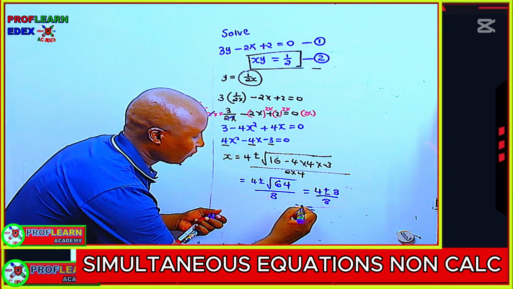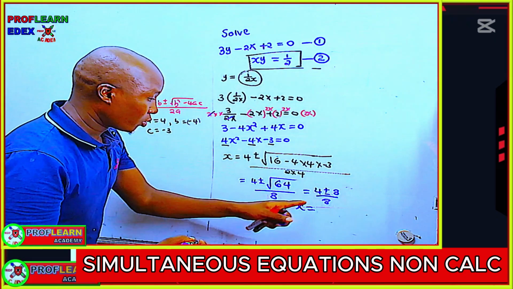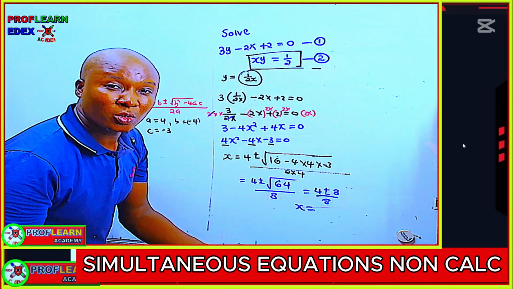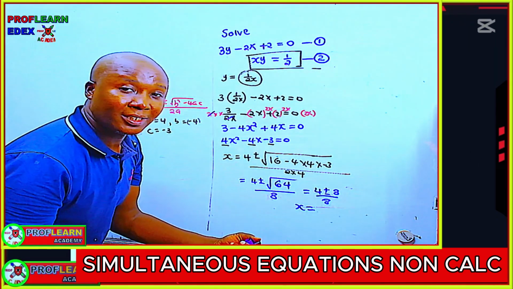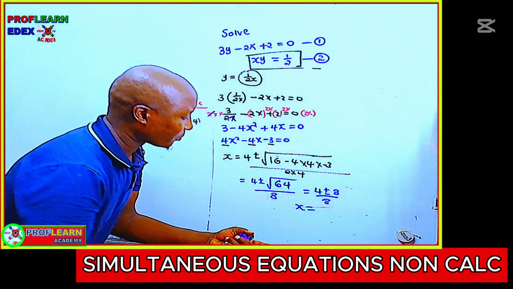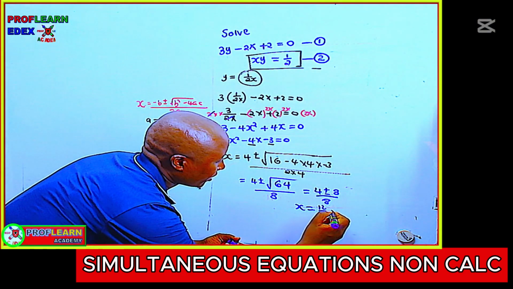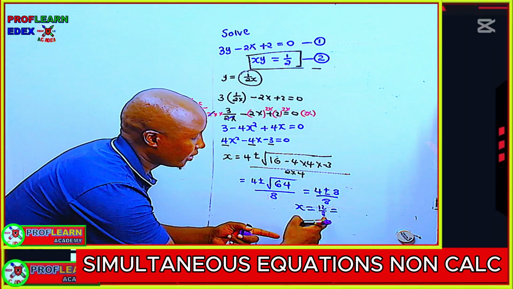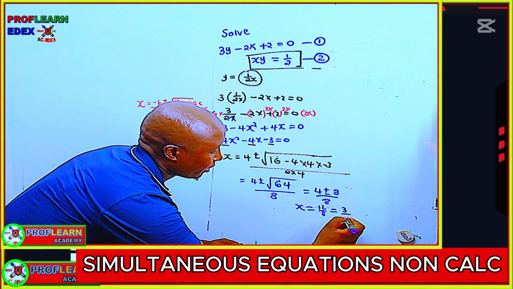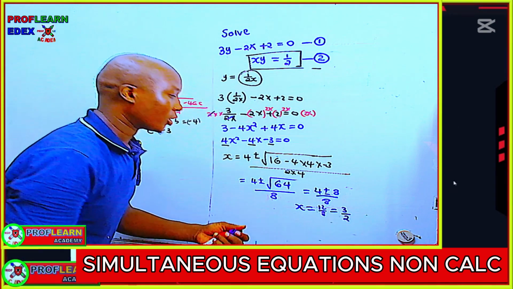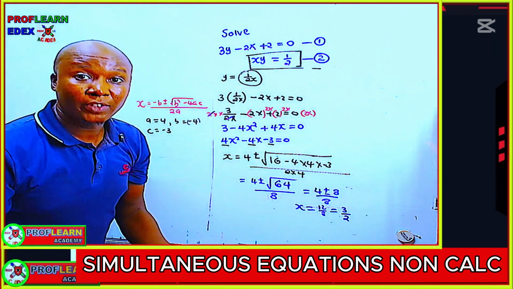So the first value of x is going to be 4 plus 8, which is 12, divided by 8, that is 12 over 8. This translates to, dividing by 4 here, 3, and dividing by 4 here, 2. So the answer there is 3 over 2.